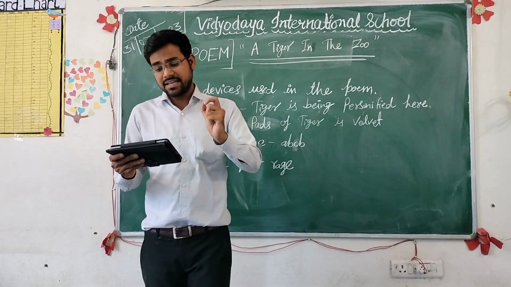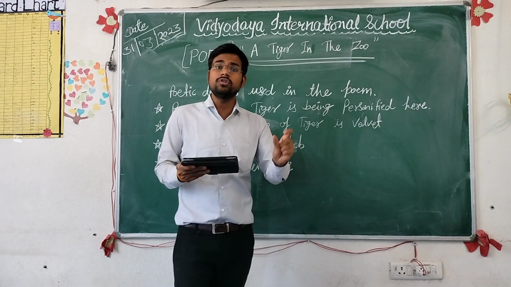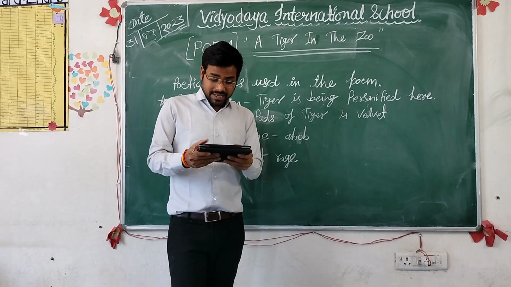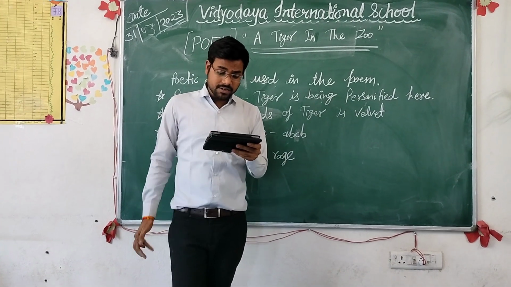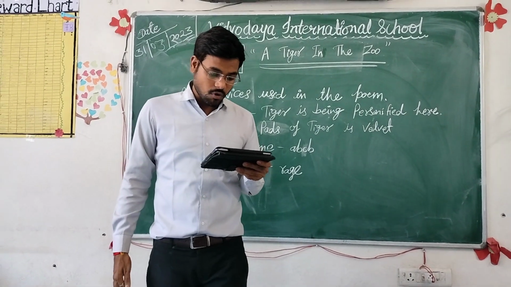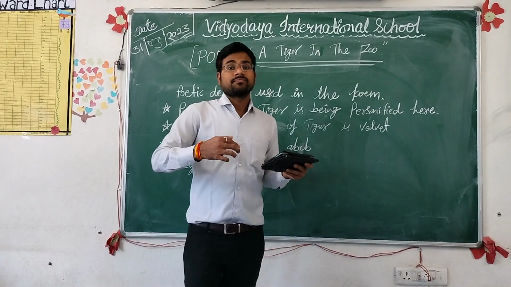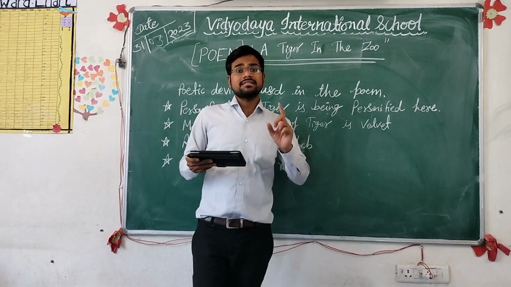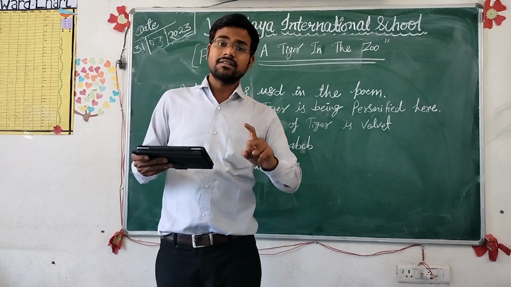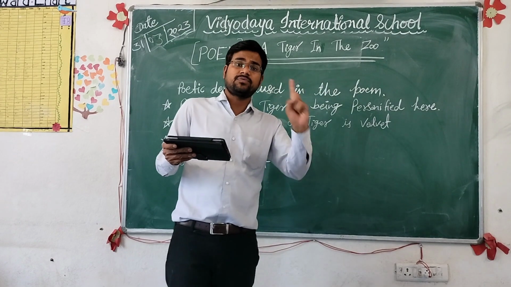In the second stanza, the writer explains about the tiger who lives in the jungle or the forest. The second stanza says he should be lurking in shadow, sliding through the long grass near the water hole where plump deer pass. Here the writer is explaining that the tiger in the forest should not be like the tiger of the first stanza.